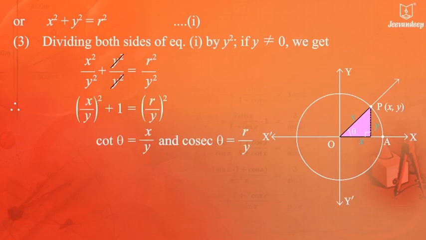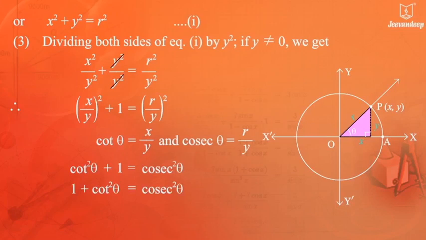From the above calculated trigonometric ratios, we can replace x upon y by cot theta and r upon y by cosec theta, giving the equation cot square theta plus 1 equals cosec square theta. 1 plus cot square theta equals cosec square theta.